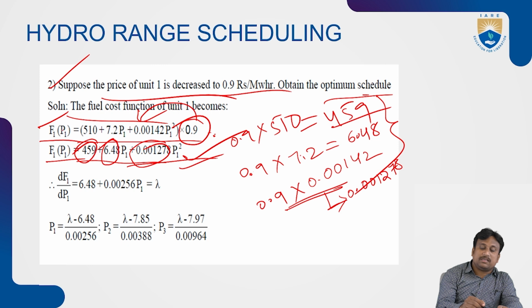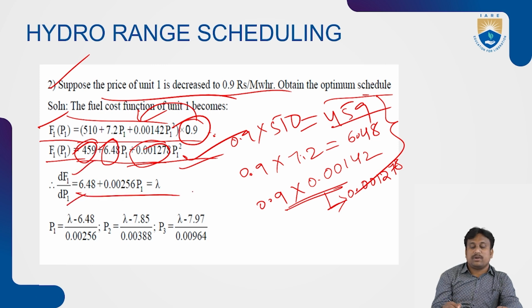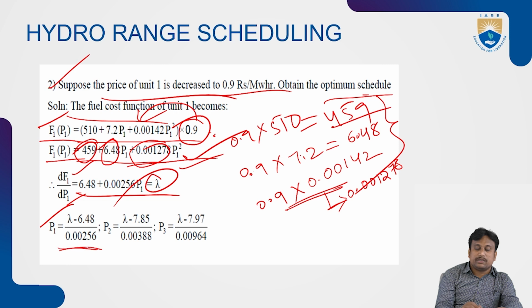Now making for this one as df1 by dp1, which is 6.48 plus 0.00256 P1, which is equal to lambda quotient. That is P1 equals lambda minus 6.48 by 0.00256.